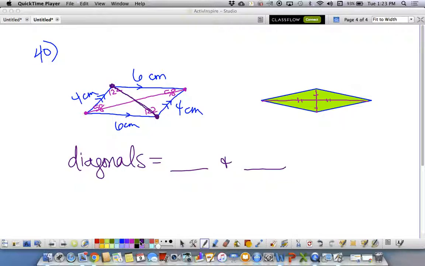Did you add them? 16 plus 50 plus 36 minus 2 times 6 times 4 times cosine 58. Was that one of your answers? Nope. What did you do? Oh wait, don't you have to take the square root of it? Because this is squared, so you have to take the square root of the number you just got.